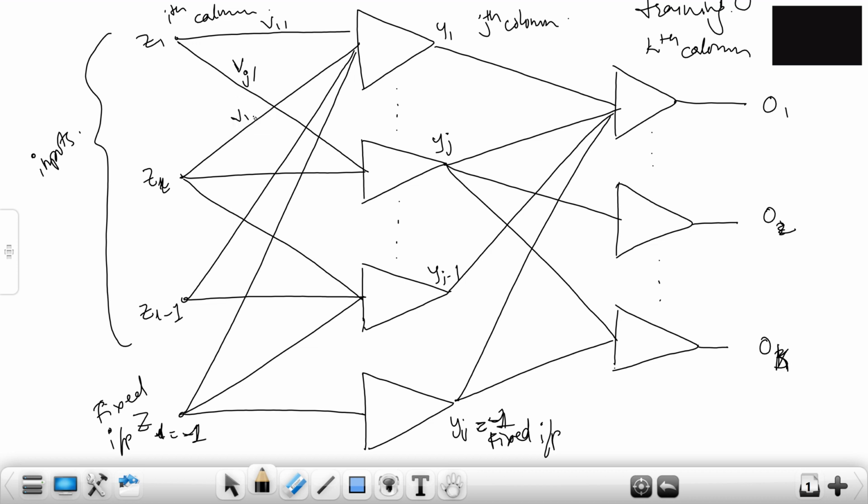V1J or whatever this L. Then this will be VjJ. We are assuming this is J. Then similarly with the other ones, right?